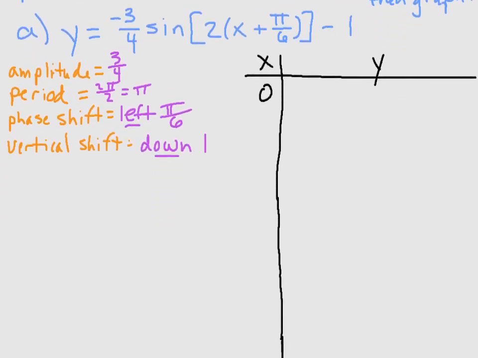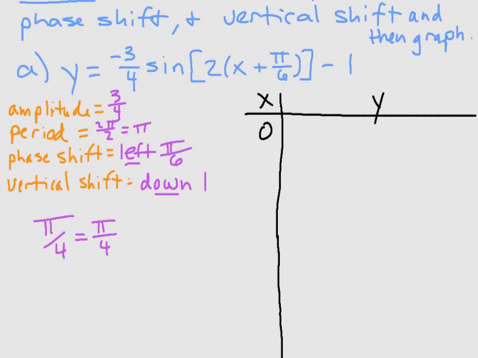Okay? Now, before I can figure out how to graph or plug in values, I need to figure out my increment. So I'm going to take my period for this graph and divide it by 4. So I'm going to be in increments of pi over 4. So now, using my intervals or increments of pi over 4, I can use those to plug into my graph.